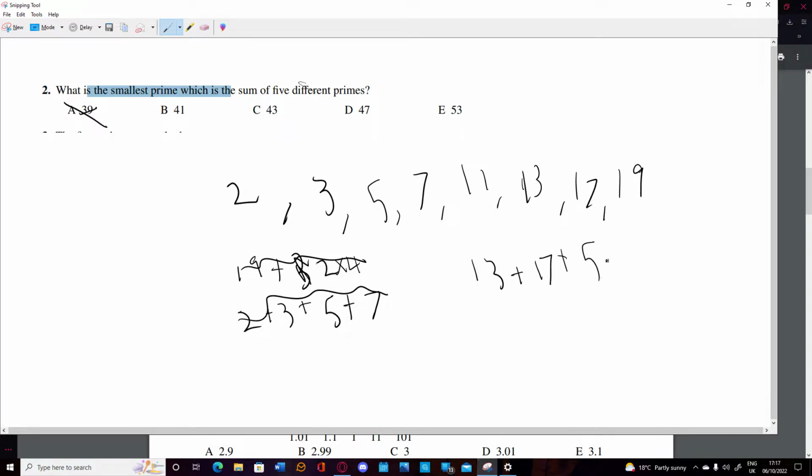Add 5, that's 35, 38. We can add 2, that gets to 40. Add 7, that gets to 45. Or if we add 11, that gets us to 49, that's not prime.